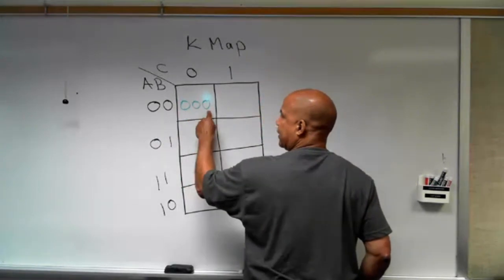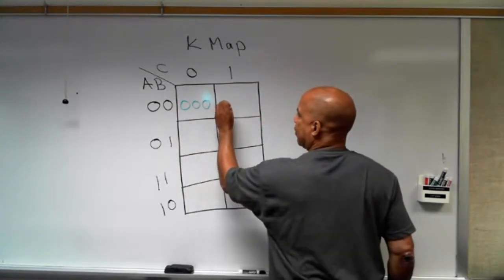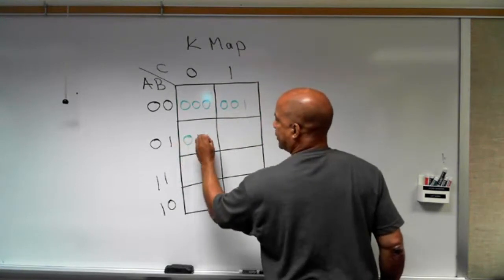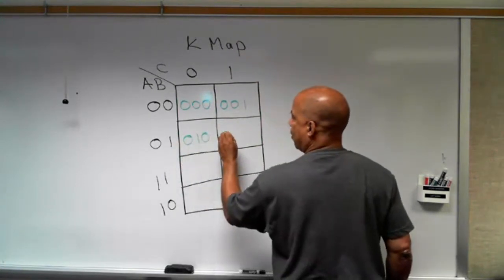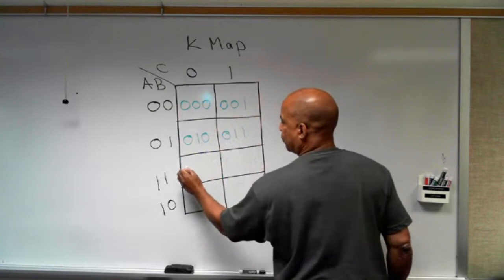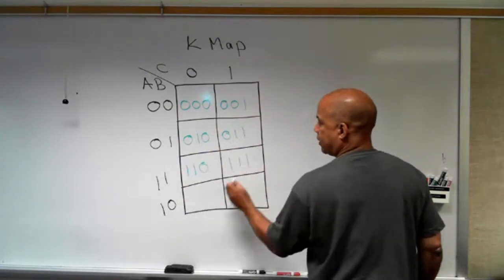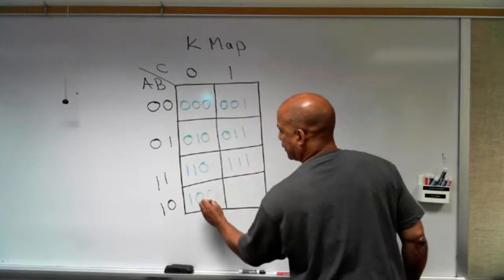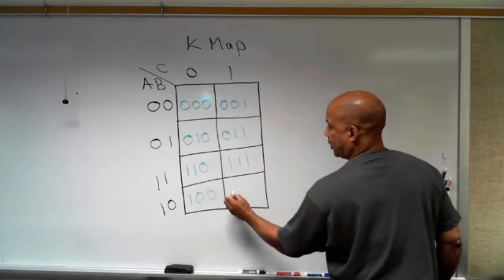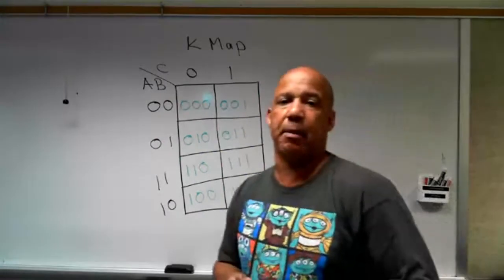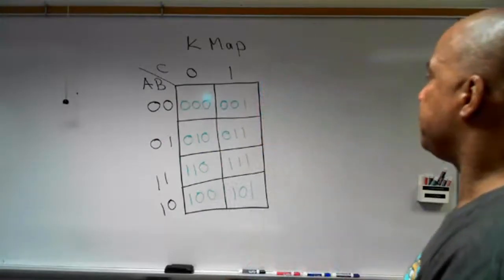This is A, this is B, and this is C. This would be 0, 0, 1. This will be 0, 1, 0. This is 0, 1, 1. This is 1, 1, 0. This is 1, 1, 1. This is 1, 0, 0. And this one is 1, 0, 1. So each cell has a binary value.